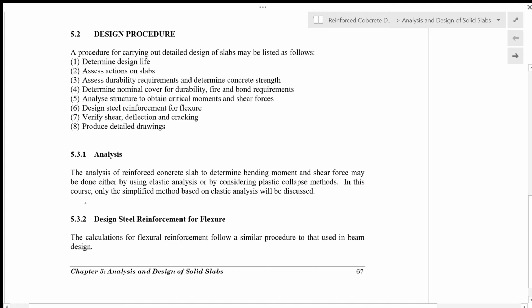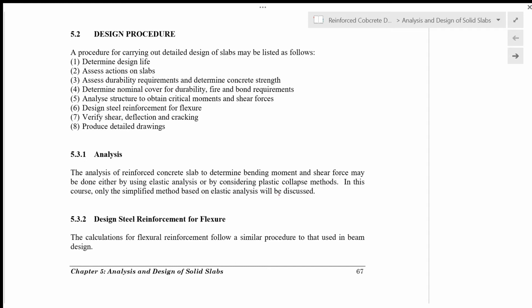However, in this course, we will only use the simplified method based on elastic analysis, and we only discuss using the moment and shear coefficients for a continuous slab, or for a slab panel which has supports on all 4 sides, and supports on only 3 sides or 2 sides, depending on the nature of the slab on the design plan.